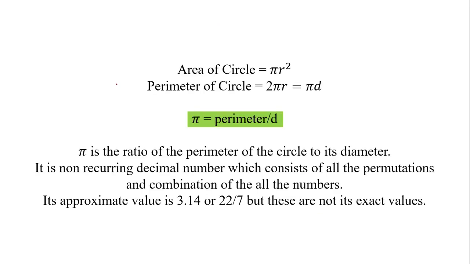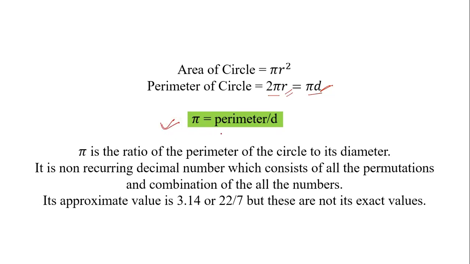Few more things to know about circle: the area of circle is pi r square. This will be used further in future lectures. The perimeter of circle is 2 pi r or pi d. D here is the diameter, r is the radius of the circle. And now let's discuss pi.